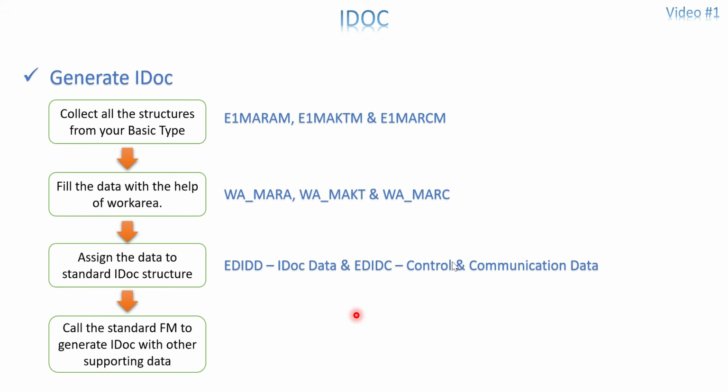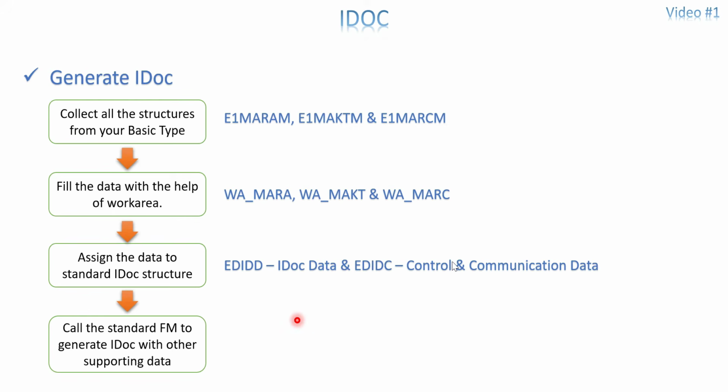Today we are not going to talk much about control and communication, we are going to talk only about the IDOC data, so EDIDD. You have to remember these two structures. So finally, whatever data you fill, you have to pass to this particular table. Actually, this is an internal table, not a work area. So you have to pass the information to this internal table.